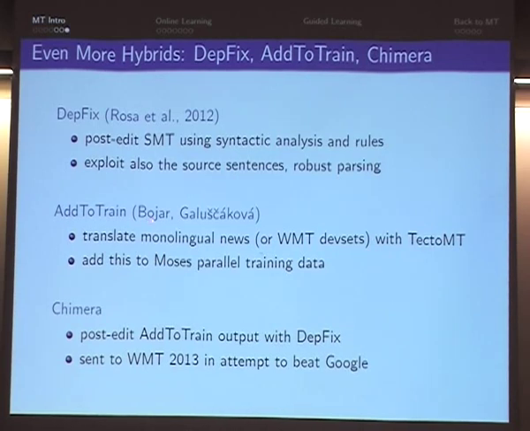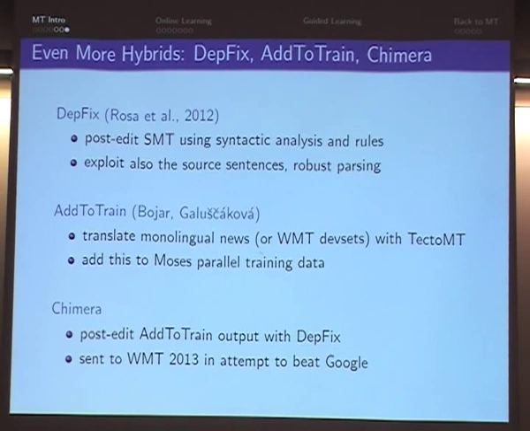Another idea by Ondřej Bojar is to use TectoMT to generate additional training data for Moses. So we translated English monolingual news, huge amounts of monolingual text, into Czech, and presented this to Moses as another parallel corpus, of course in addition to the real parallel corpus. And this is one setup.